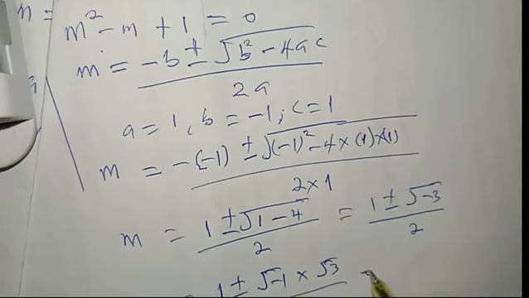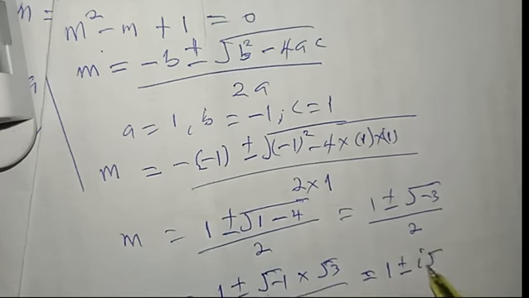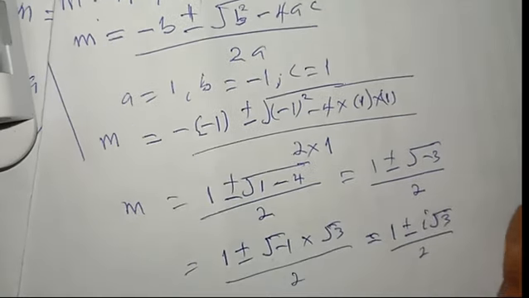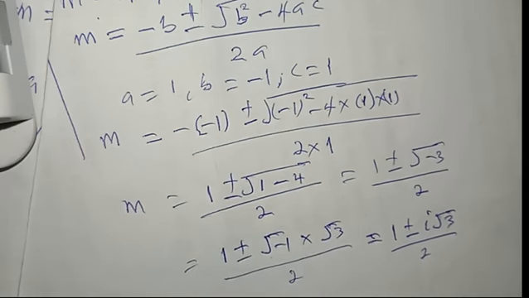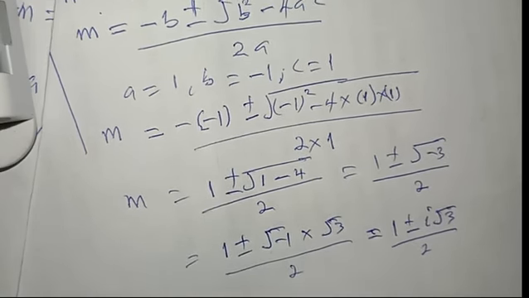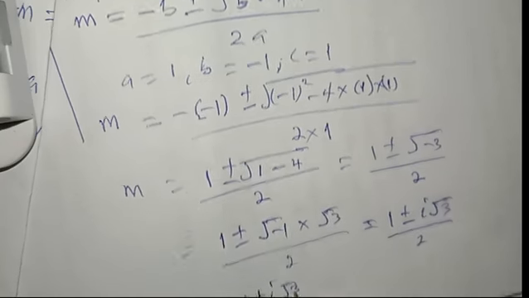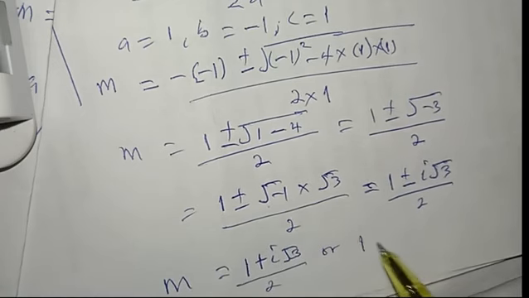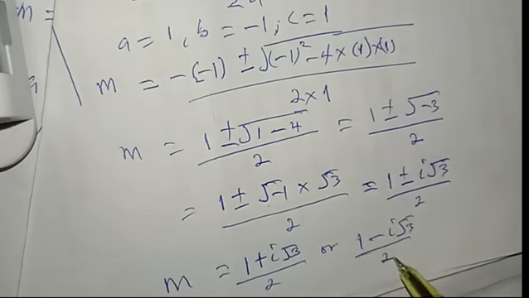Okay, so of course this is going to be equal to 1 plus or minus root minus 1, which is actually i, and then multiplied by root 3 divided by 2. So obviously we are getting from here that the values of m is equal to 1 plus i root 3, okay, divided by 2, or 1 minus i root 3 divided by 2.